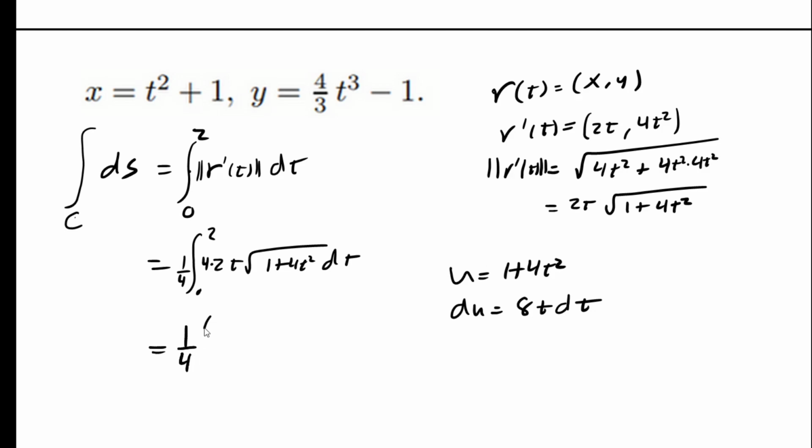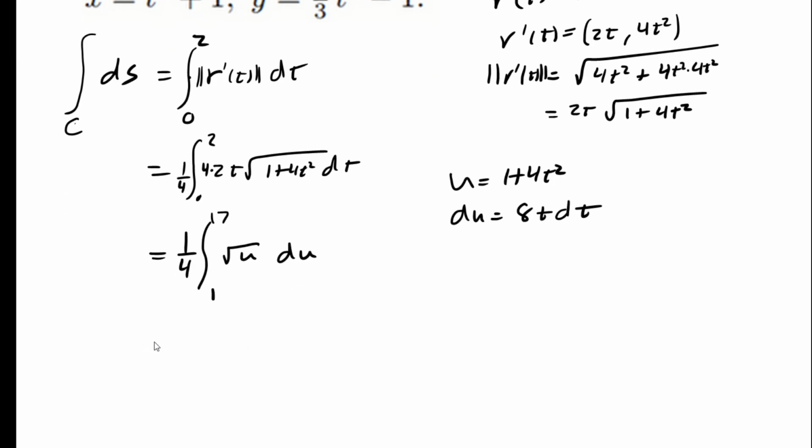So I get 1/4 integral from, let's see, at 0 this is 1, at 2 I have 17. And then root u du equals 1/4 u to the 3/2. Nope.